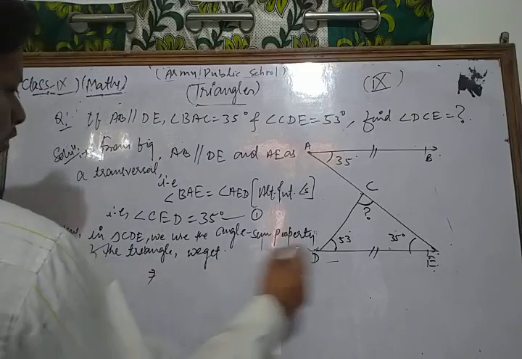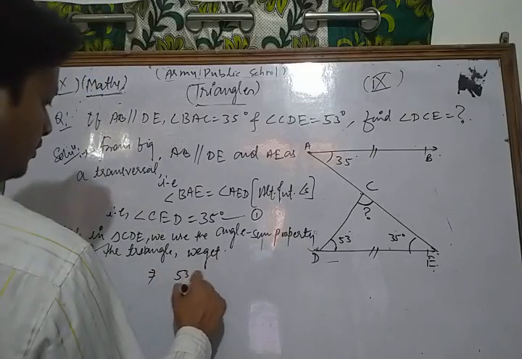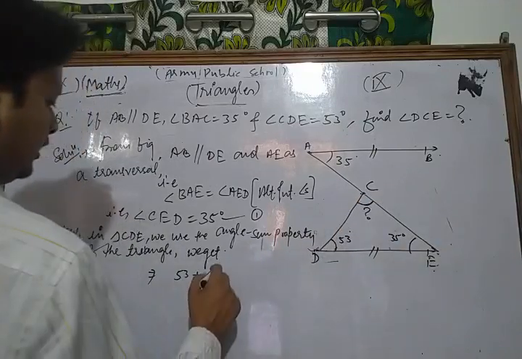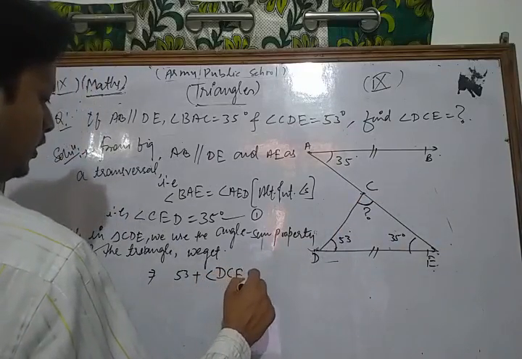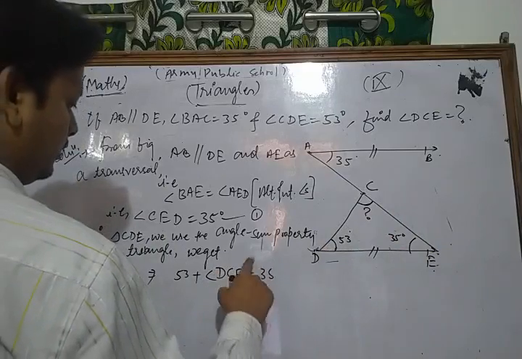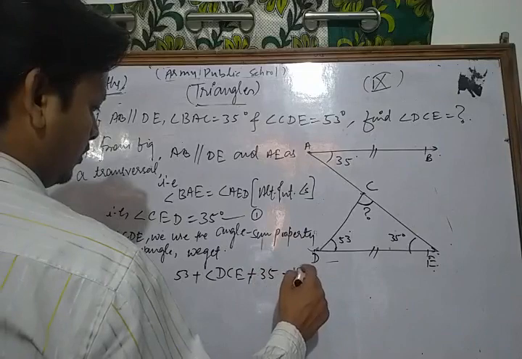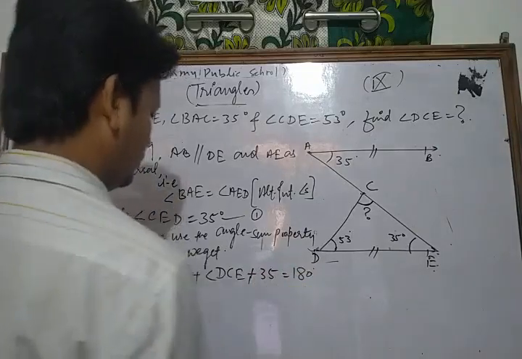That is, 53 plus angle DCE, which we find, plus 35 is equal to 180.